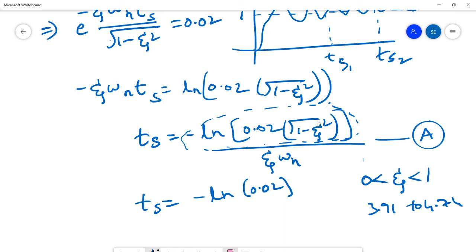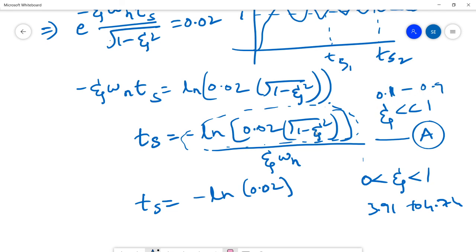Suppose zeta is much less than 1, taking your values of zeta from 0.1 to 0.9.